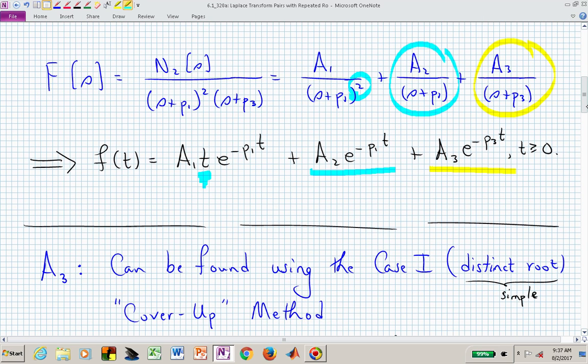As you can infer from this partial fraction expansion structure, the a sub 3 can be found in the way that we've been doing it in previous units or in previous material.